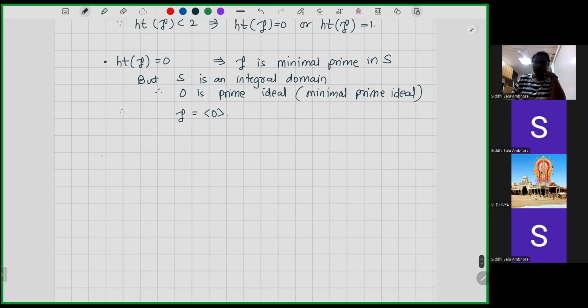Then now we have to deal with this second part. So that is, the height of P is 1. So if you remember, last time we solved one question where we proved that if R is an integral domain and P is a height 1 prime ideal in that integral domain, then P will be a principal ideal.